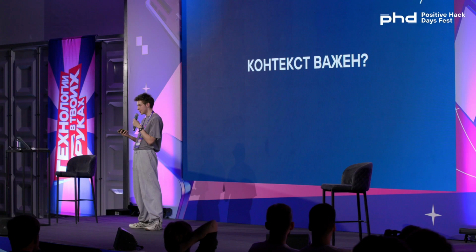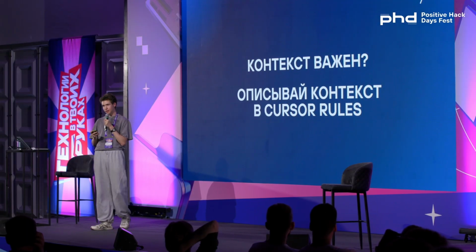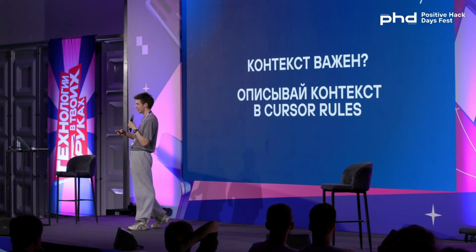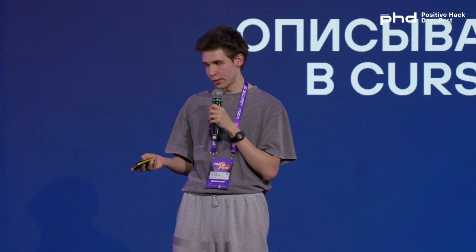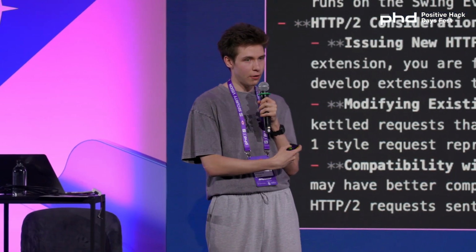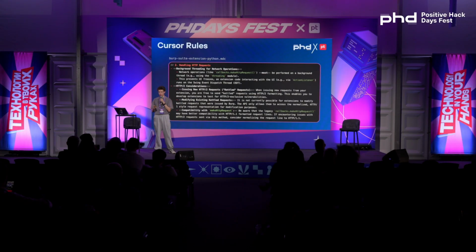Now imagine that you've been working in some chat for a long time and got some important discussions there. Then you have to describe the context in cursor rules. This is in fact static memory between the chats. So you can set up when it's going to be used. For this particular report, I have developed a very simple rule on writing plugins for Burp.